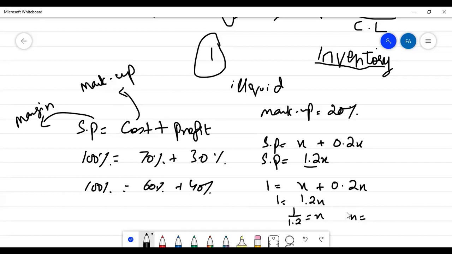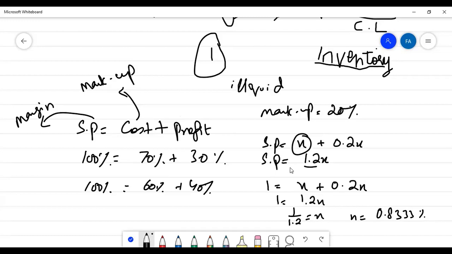You will get your answer of 1 divided by 1.2. Let's see. It's going to be 0.833. 0.8333. It is your cost. X was the cost, if you assume that X was the cost.